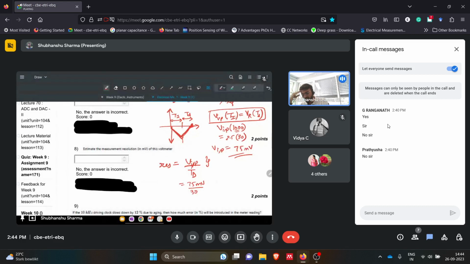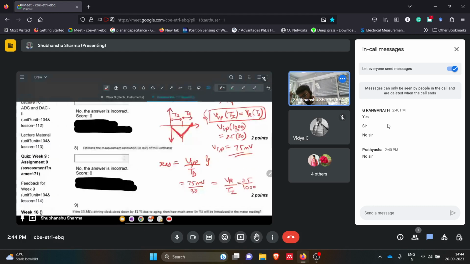Or we can also calculate in another way: the reference voltage V reference divided by Ti. The reference was 2.5, Ti was 1000. Because we know from this formula, Vin by Td equals Vr by Ti.